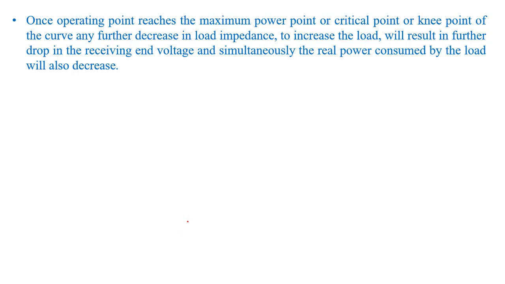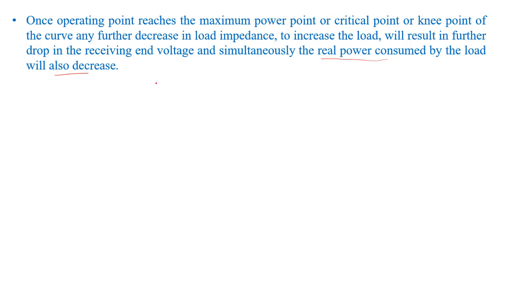Once the operating point reaches the maximum power point, or critical point, or knee point of the curve, any further decrease in the load impedance to increase the load will result in a further drop in the receiving end voltage, and simultaneously the real power consumed by the load will also decrease.